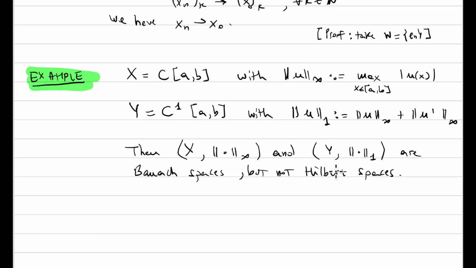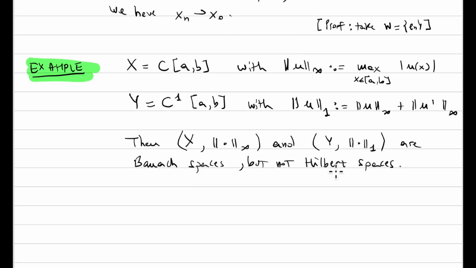Okay, maybe we conclude this with a very basic example, because these are the functional spaces that we mentioned in the introductory part of the first lesson. So the first space is X, which is just the space of continuous functions on some interval AB, with AB in R, and with the norm U infinity, defined as the maximum of the absolute value of U of X as X ranges in the interval AB.